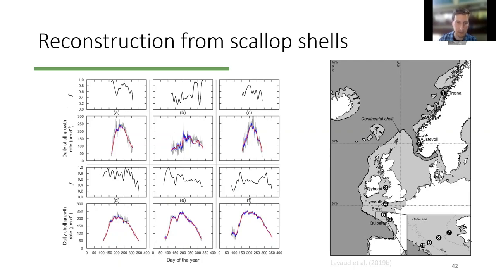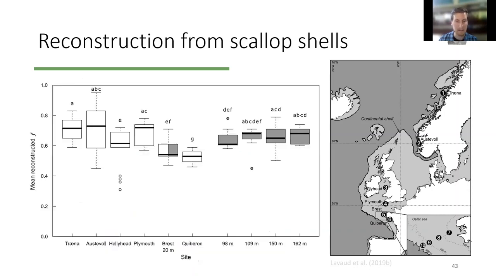And here you have an example of what these daily shell growth rates translate into in terms of functional response in different locations, going from Trena in the northern part of Norway to Brest in Brittany, in France. It's an interesting approach that can shed some light on patterns that are not necessarily easily available at first.